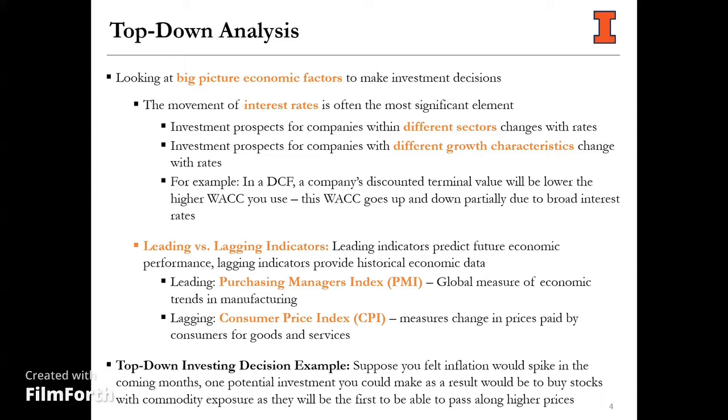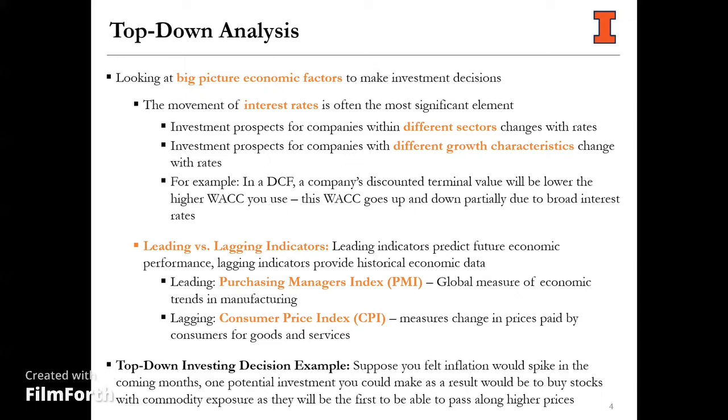And interest rates are driving a lot of these indicators that help us provide visuals and help us understand some of the metrics that are driving economic valuations across the board. And we can think about these as leading versus lagging indicators. Leading indicators predict future economic performance. Think the Purchasing Managers Index, or the PMI, which is a measure of trends in manufacturing.